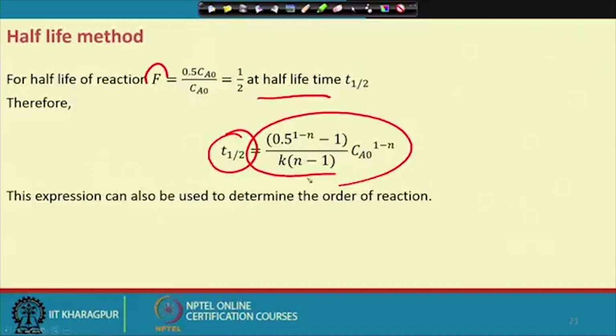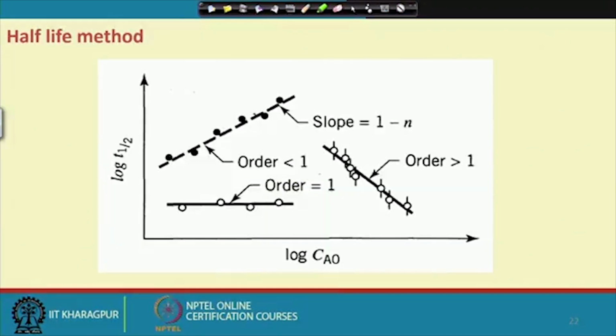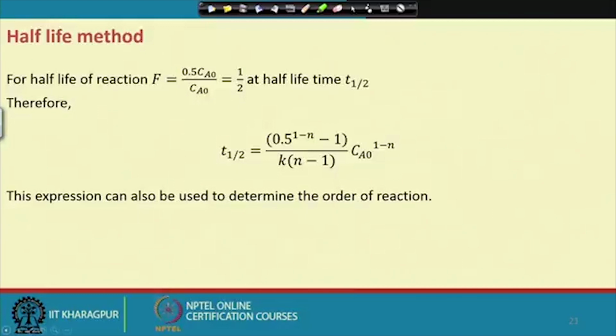Now this is very interesting, because if you look at this, when the order of reaction n equals 1, now if you come back here, if your n equals 1, this will be 0. Am I right? This will be 0.